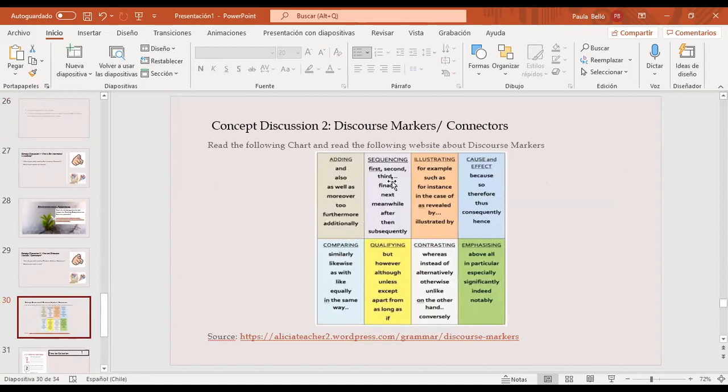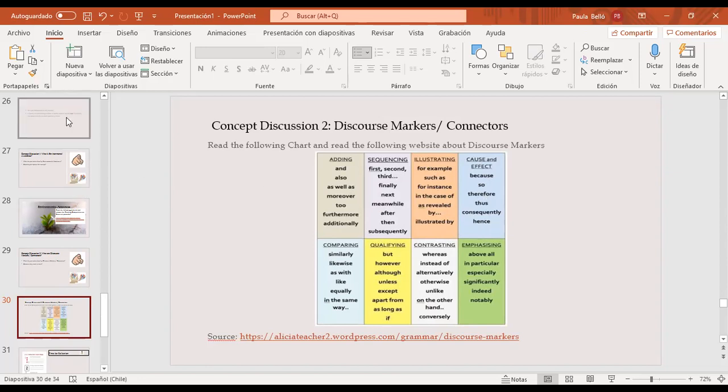If you sequence, first, yes, when we have discourse that tells the order of something, for example, a recipe, first you put the sugar, second you add some eggs, and third, finally, yes. Then you have illustrating. This is very common in discourse, yes. For example, for instance.